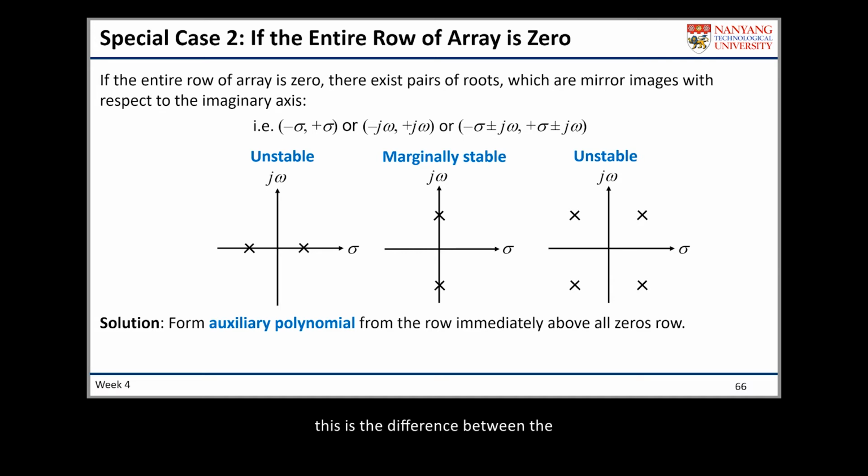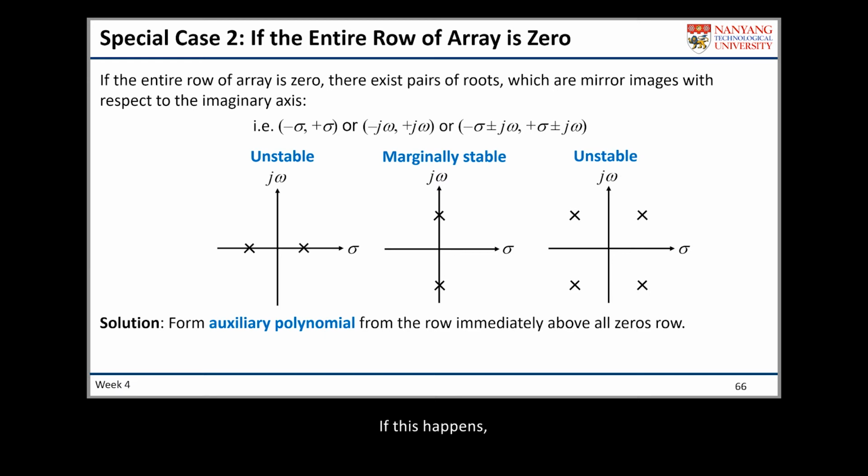So this is the difference: in the first special case, only the first element in one row is 0, but in this second special case, all of the elements in one single row are 0.